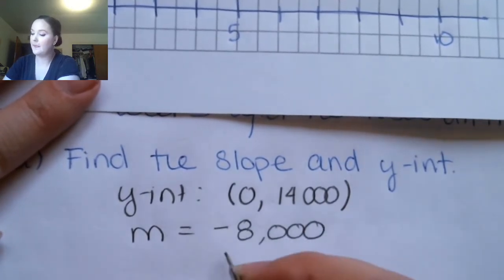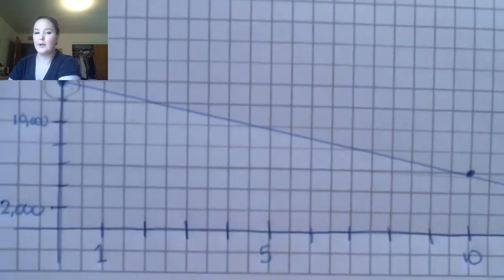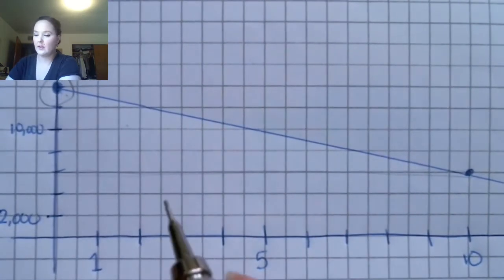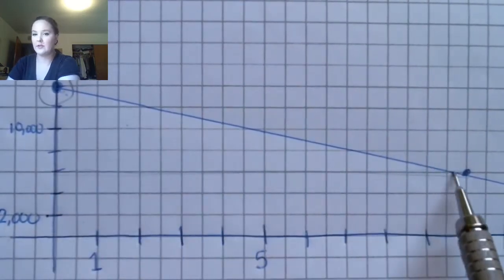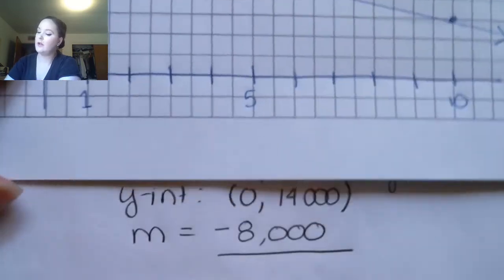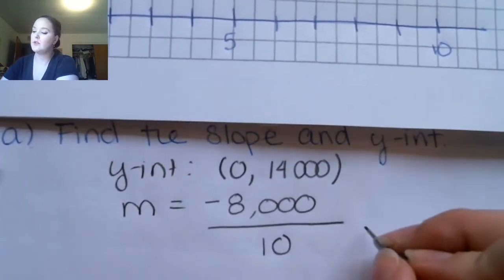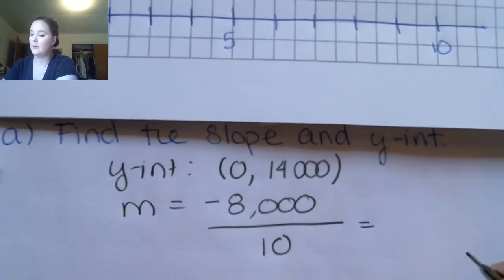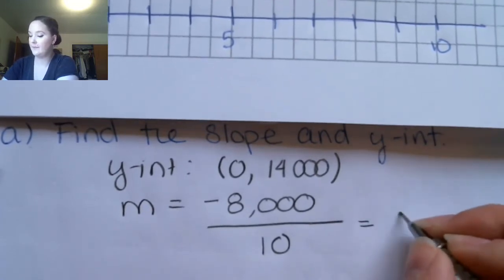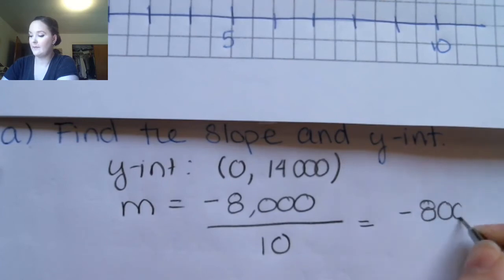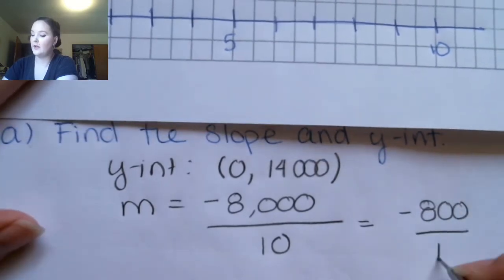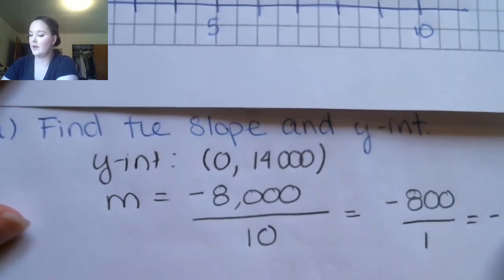And then I'm going to see how much I'm moving across. It's moving from 0 to 10. So that's going to move 10. And then I'm just going to reduce this by dividing by 10. Negative 800 over 1, which is just negative 800.